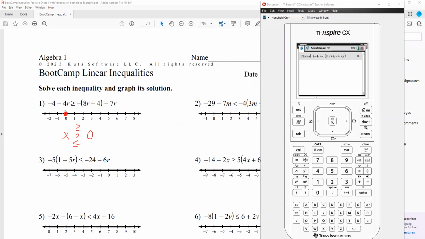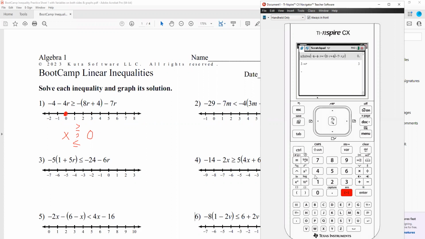What I'm going to do is take a number either to the left of 0 or to the right of 0, and store it. I'm going to choose 3. Let me stop this for now. I'm going to take the number 3 and store it into the variable r. And then I'm just going to type in the original inequality.